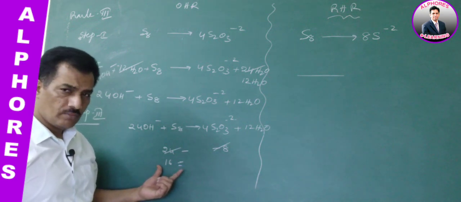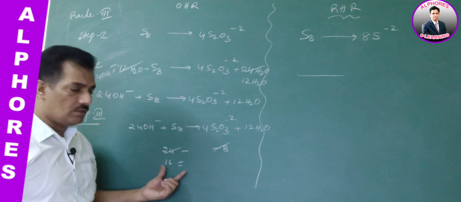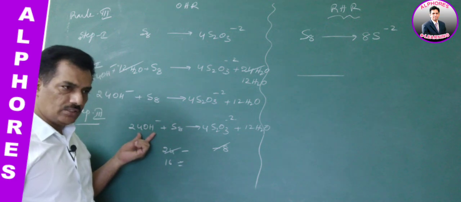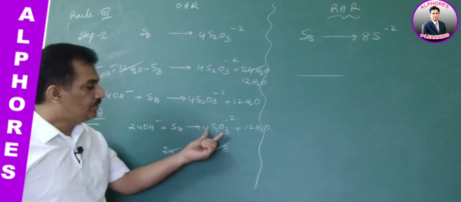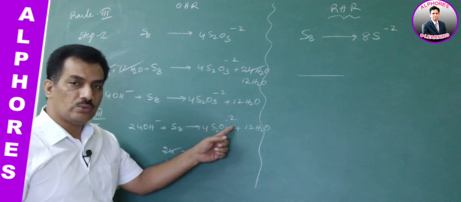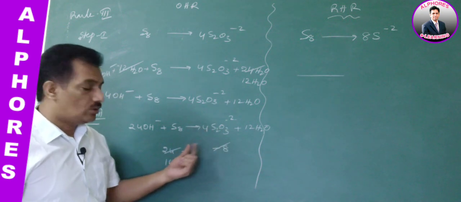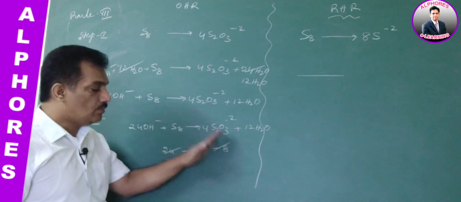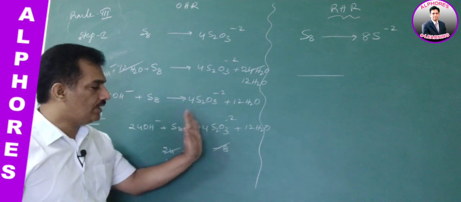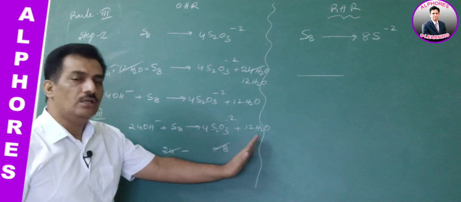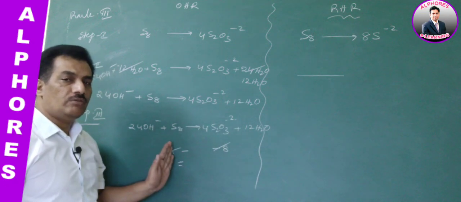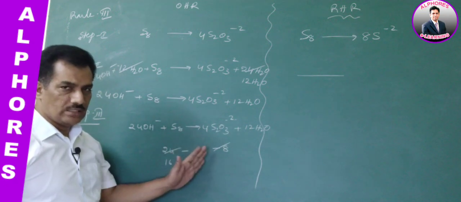Are you following? Students, are you following this? It is 24 minus. Clear? And this side 4 into minus 2, 8 minus. So from 24 minus, 8 minus is subtracted, because when it is moved to this side, it will be plus. That's why we are cancelling.